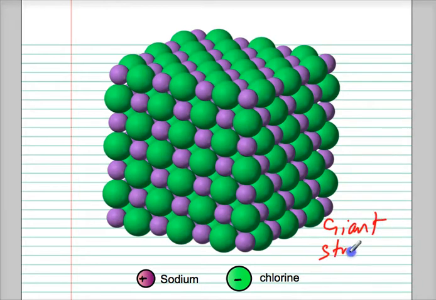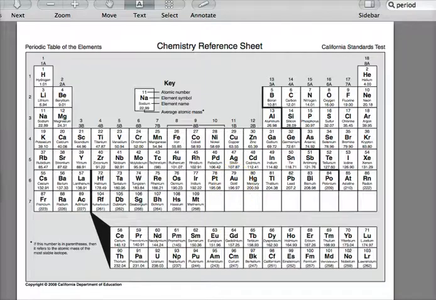Giant structure or crystal structure. Now if we look back at the periodic table here, we can see where these two elements have come from. We've got sodium here and we've got chlorine here. Remember, each element in this group has one electron space in its outer orbital. Remember, each element here has one electron in its outer orbital.